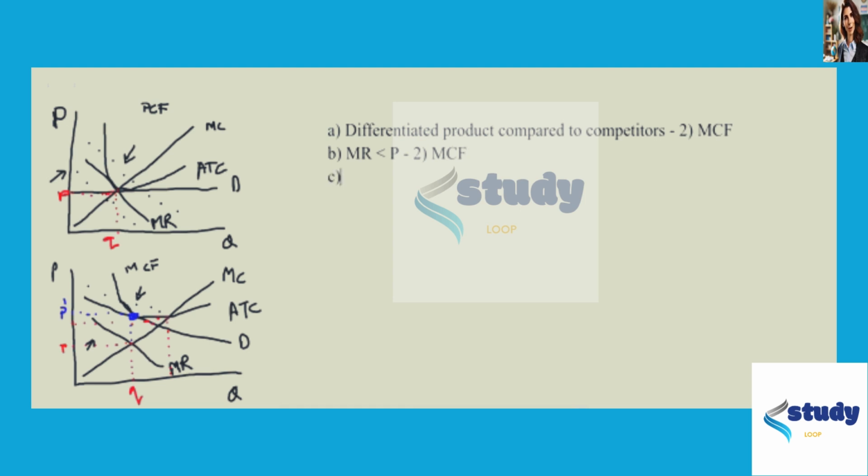What does characteristic C say? Well, it says that long run economic profit is greater than 0.